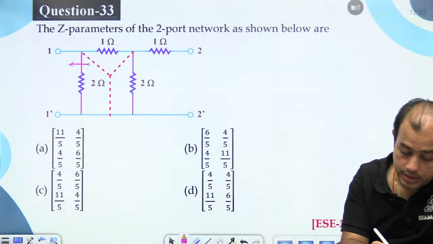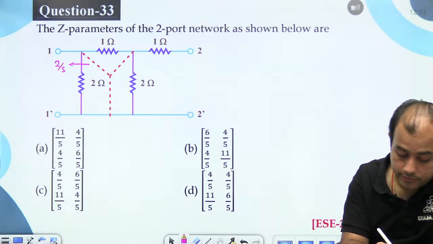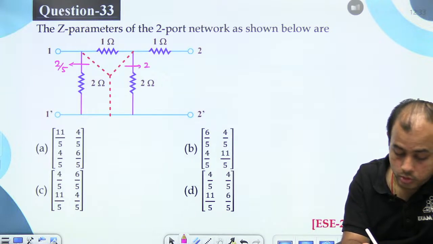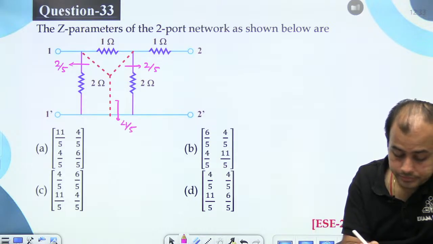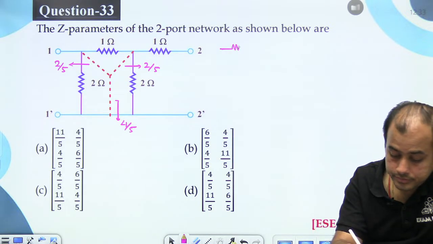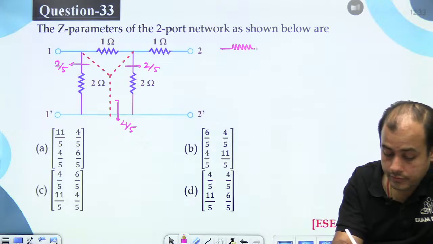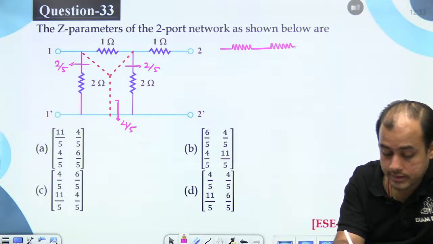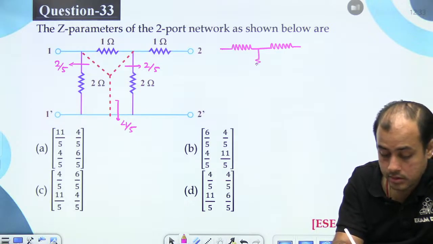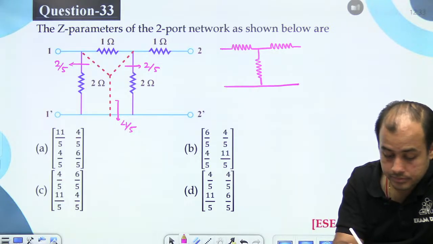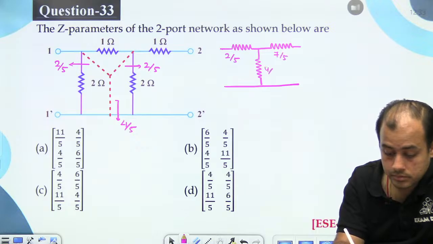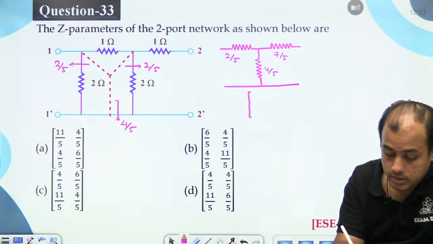So this will be 1 into 2 by 5, so 2 by 5; 1 into 2 by 5, 2 by 5; 2 into 2 by 5, 4 by 5. 2 by 5 plus 1 is 7 by 5, 4 by 5. So z parameter: 2 by 5 plus 4 by 5, 6 by 5.